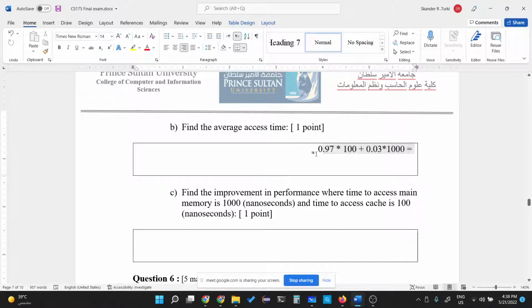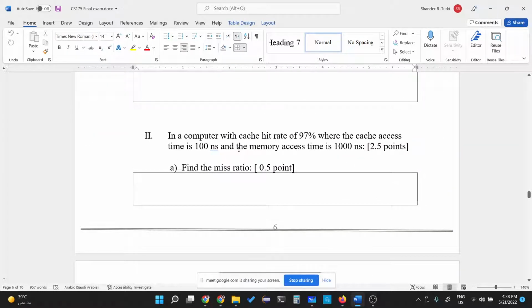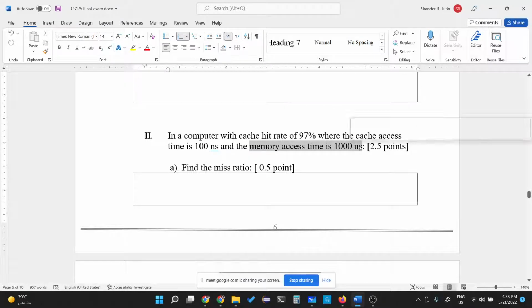Here in this example, it doesn't tell you what policy or architecture is used when there is a miss, which costs 1000 nanoseconds. Do we have to load the data in the cache and then access it from the cache, or can we do this in parallel?